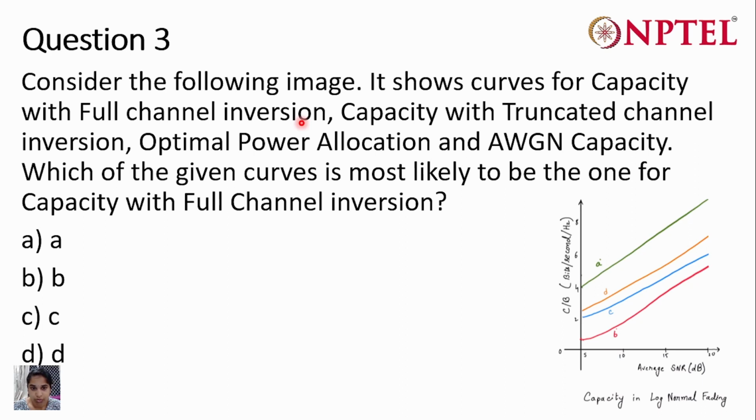Madam, can you briefly explain what is channel inversion? Channel inversion means when you have a poor channel, you try to give more power, so that you try to keep the channel almost constant. When you have a good channel, you just try to give lesser power.